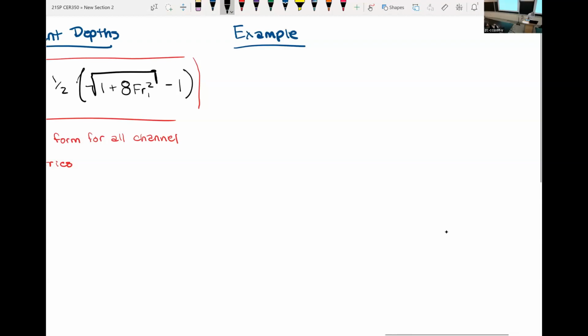Just to draw this out, we've got the spillway. We had an upstream depth of 20 feet. Water comes down over the spillway, Y1 is 0.28 feet.